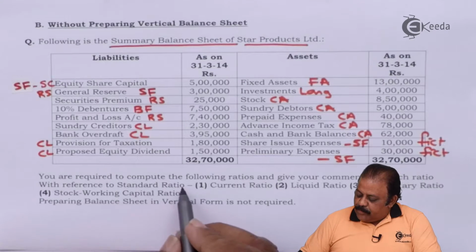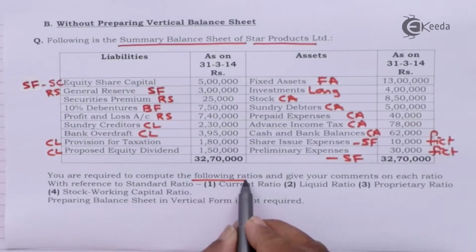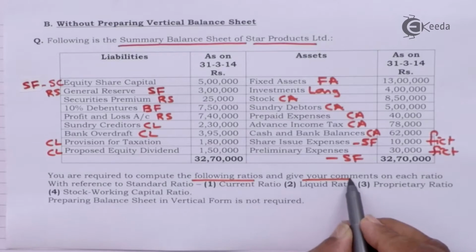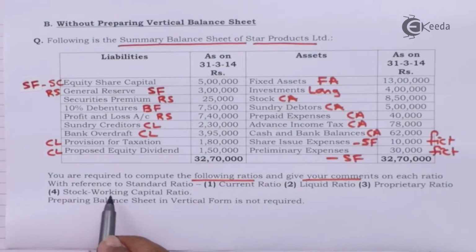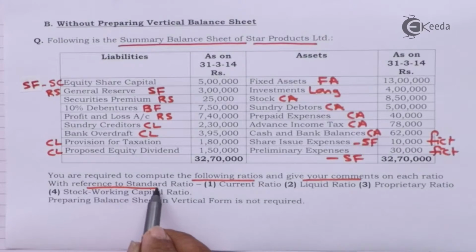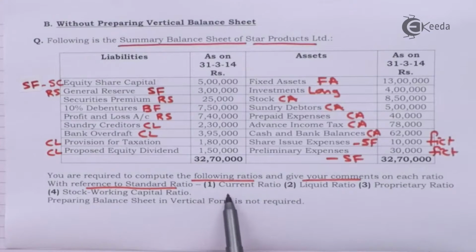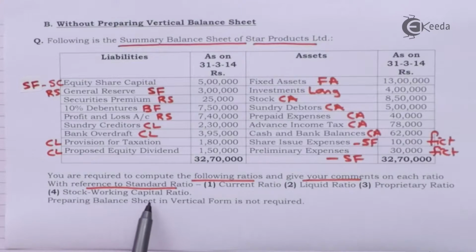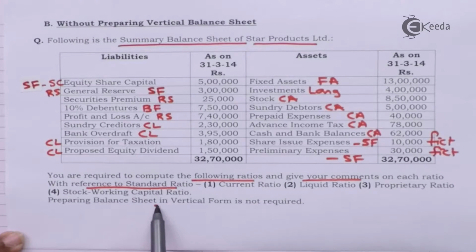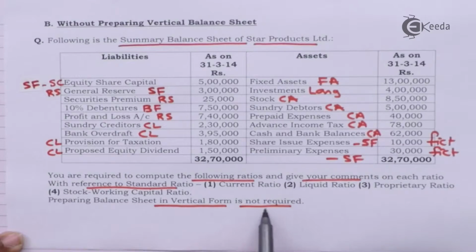You are required to compute the following ratios and give your comments on each ratio with reference to standard ratio: current ratio, liquid ratio, proprietary ratio, stock working capital ratio. Preparing balance sheet in vertical form, clearly it is given, is not required.